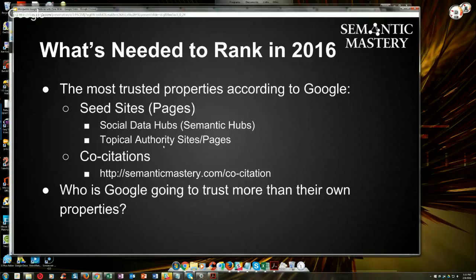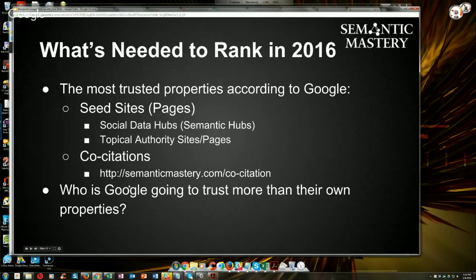So that site would not be considered a seed site for that, or for women's fashion. The sites that are considered seed sites are going to vary depending on the category, the overall topic. There are going to be different sets for each one of those top level categories. Hopefully that makes sense.